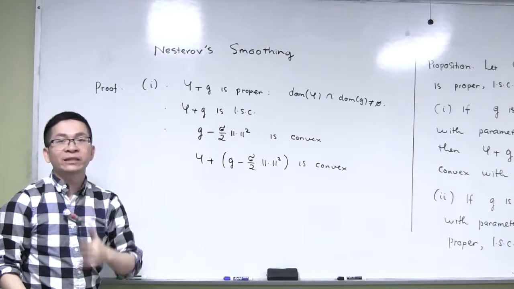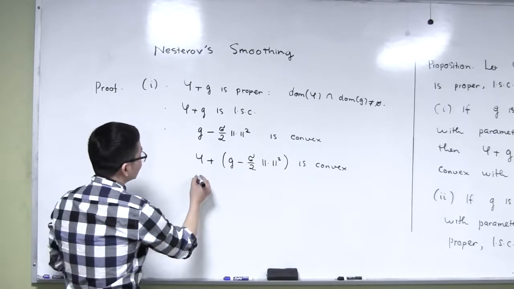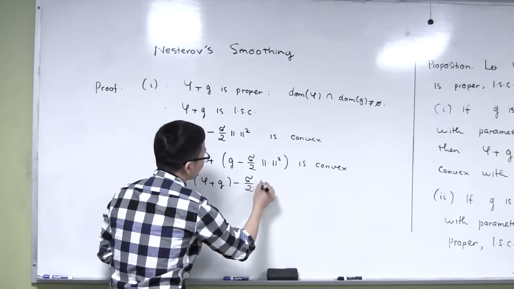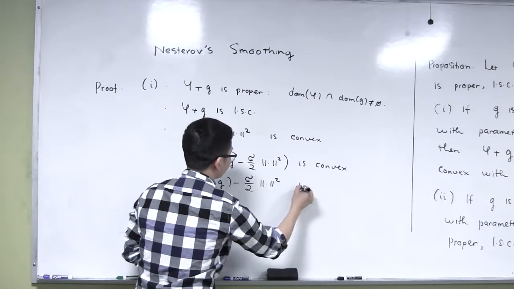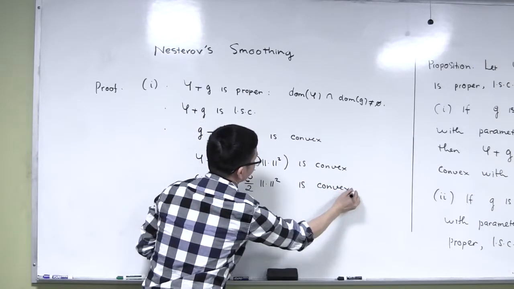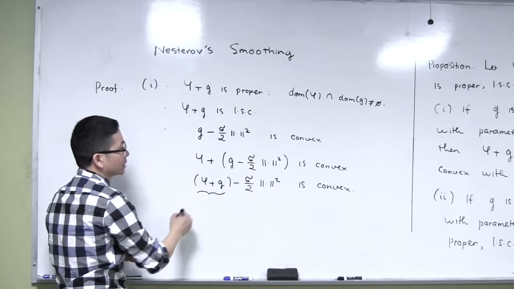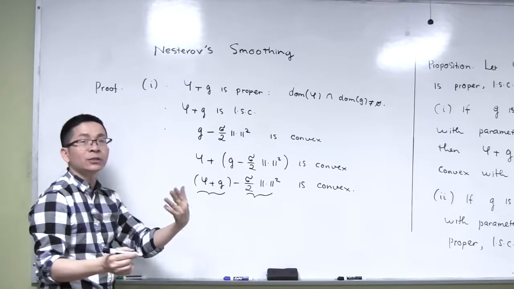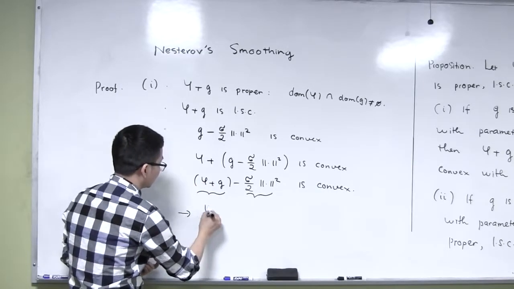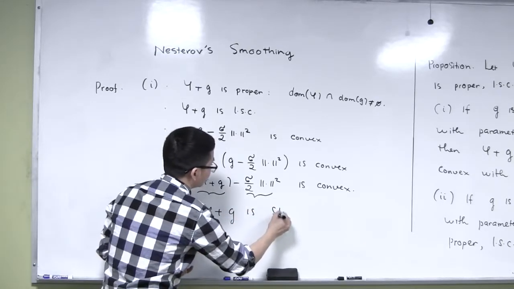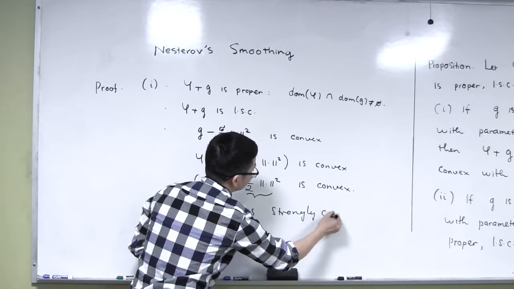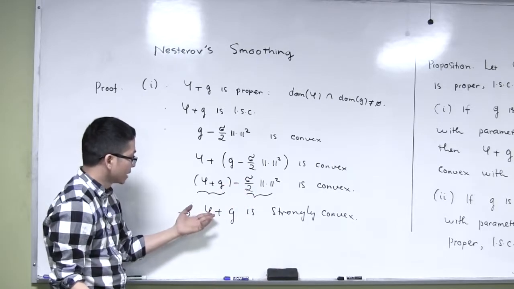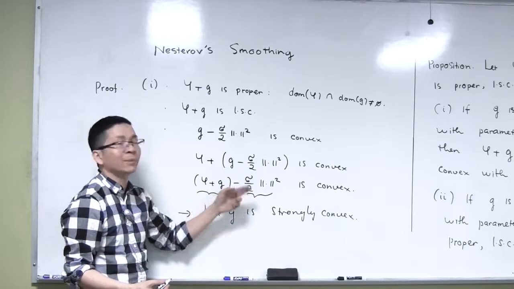The sum of two convex functions is a convex function. So this is in fact phi plus g minus sigma over 2 times the squared norm function. By the definition, this function minus this function is convex, and therefore phi plus g is strongly convex. From here you can also see that this function is strongly convex with parameter sigma.